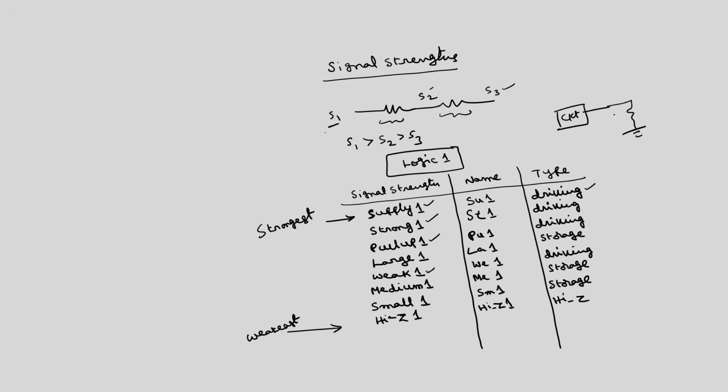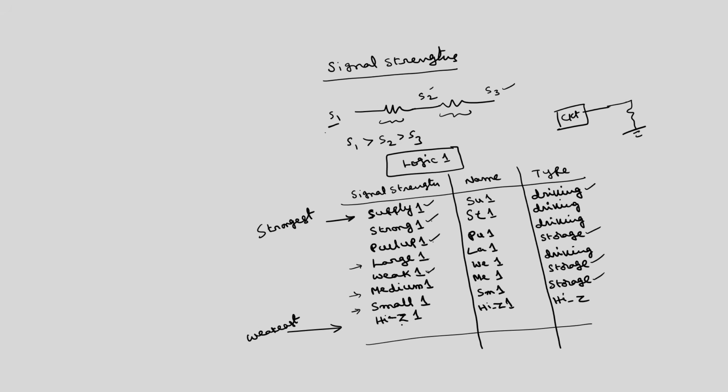Whereas, if you want to store a logic 1, the large signal strength is also enough to store. Similarly, medium and even small are enough to store as a logic 1. Whereas, high impedance is not enough. This will be almost like an open circuit. Okay. So, these are the signal strengths: starting from supply 1, after that strong 1, pull up 1, large 1, weak 1, medium, small and high impedance.